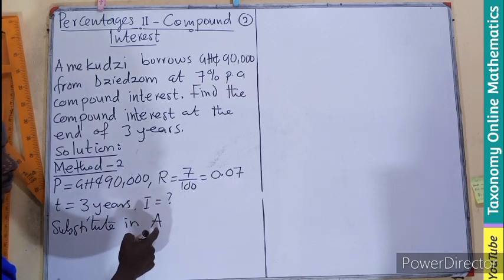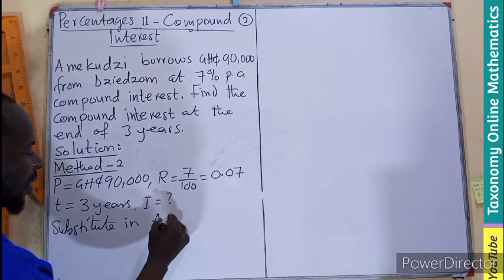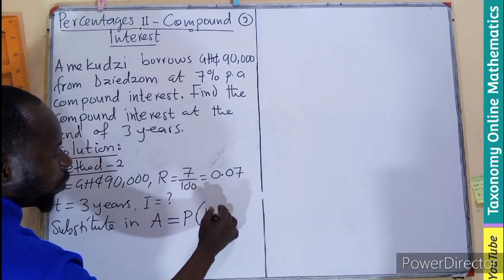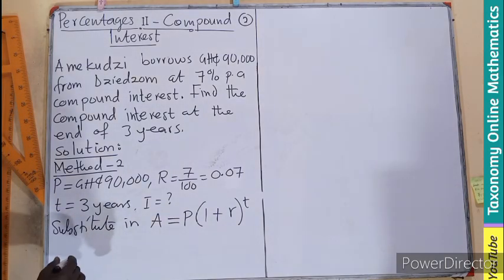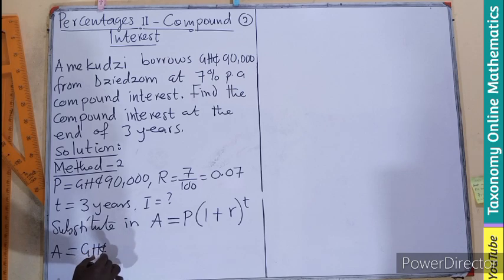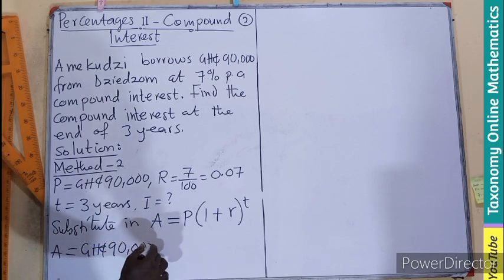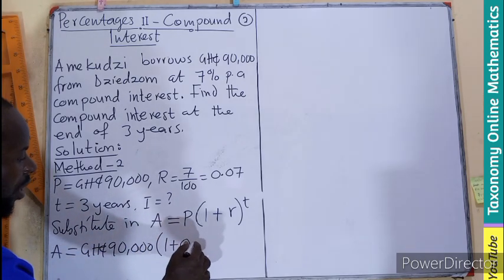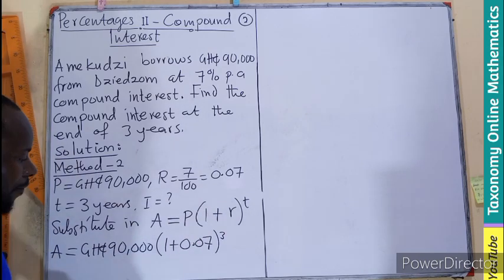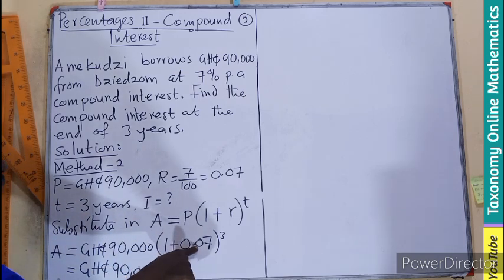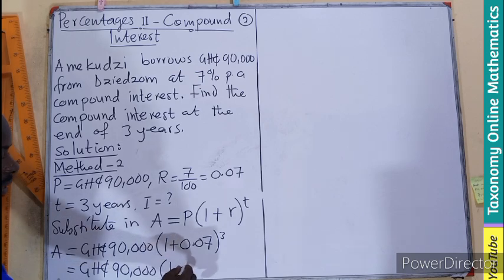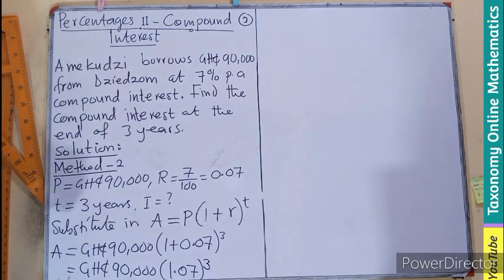in the formula: amount at the end of all the 3 years equals principal times 1 plus rate multiplied by time. So we just substitute. Our amount will be 90,000, right? That's the principal. 1 plus 0.07. Let's simplify further to have 90,000 times 1 plus 0.07, which will become 1.07 raised to the power 3.